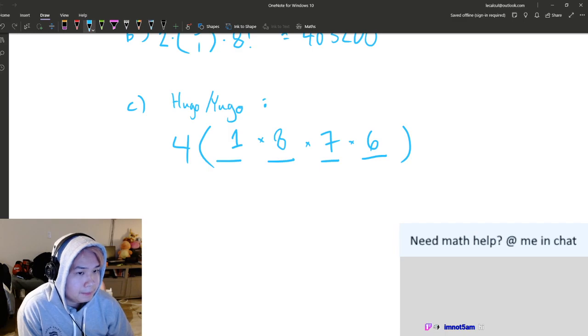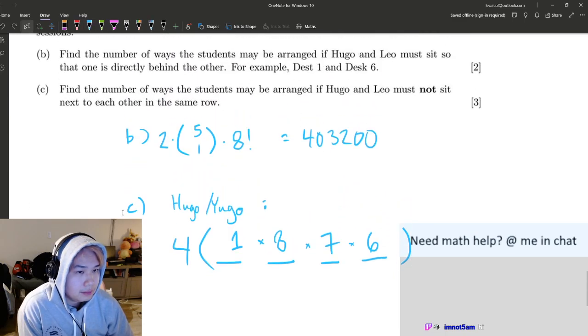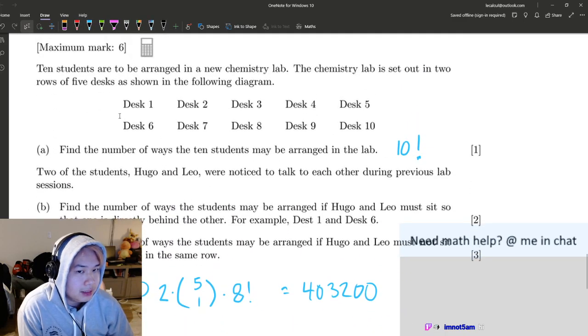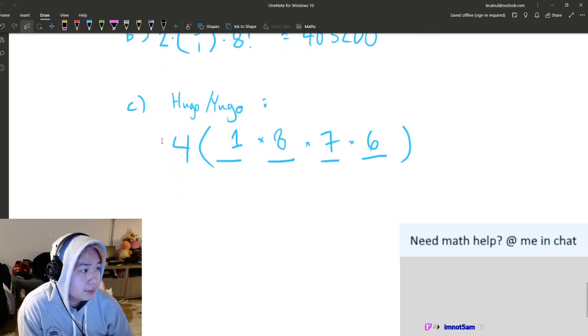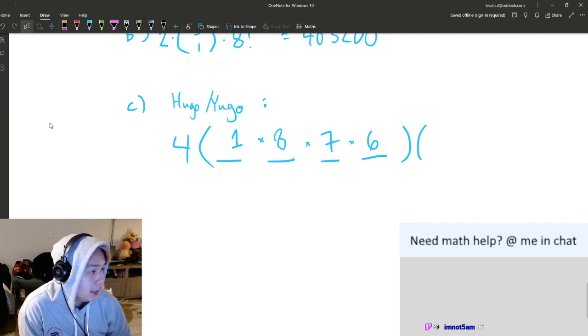And then we need to consider that we also need to rearrange everyone in the back row, for example. So those are the other 5 people? So then this is just multiplied by 5 factorial.